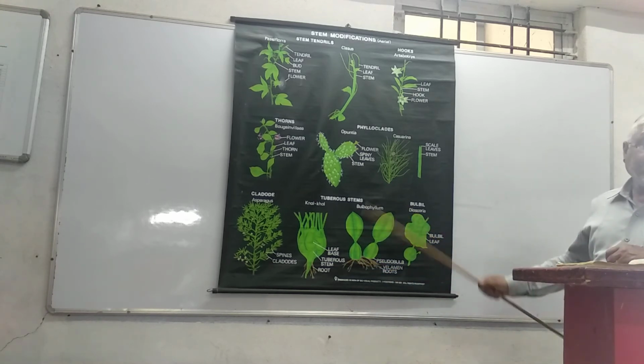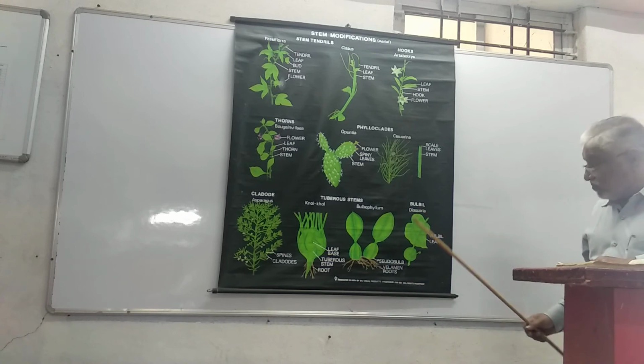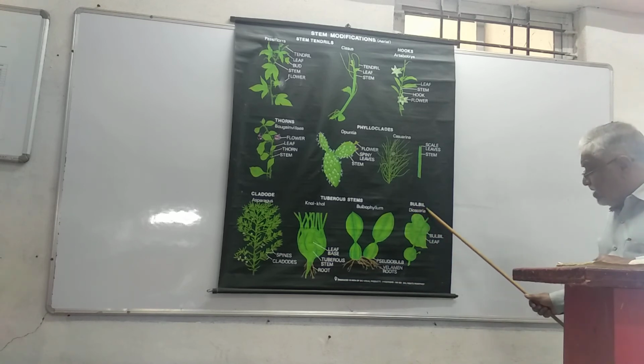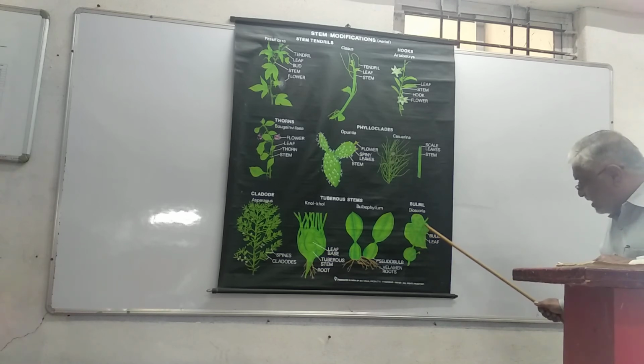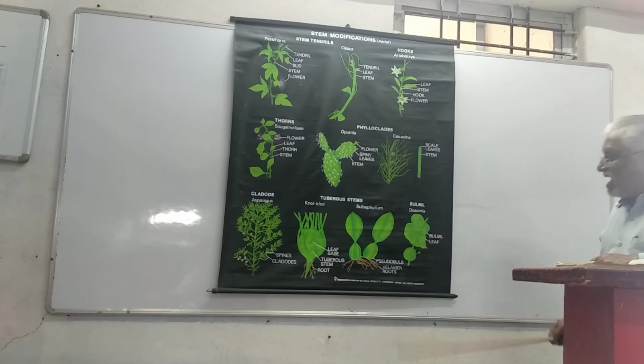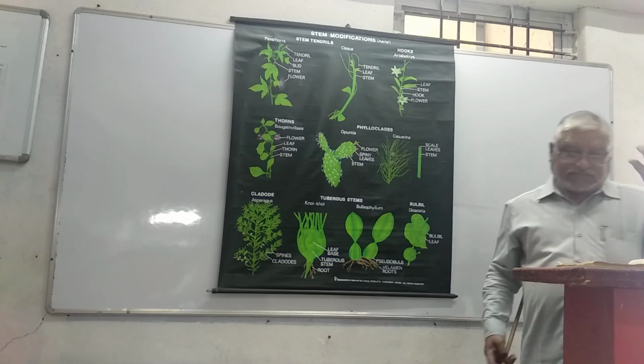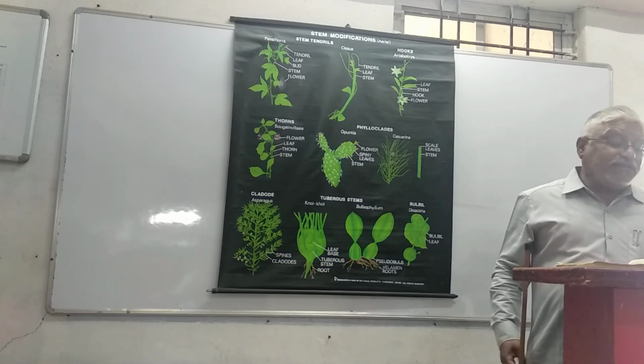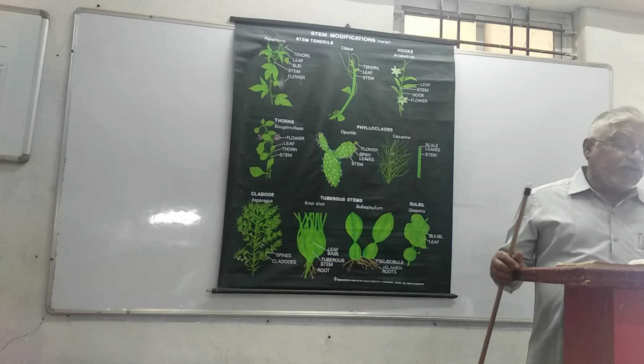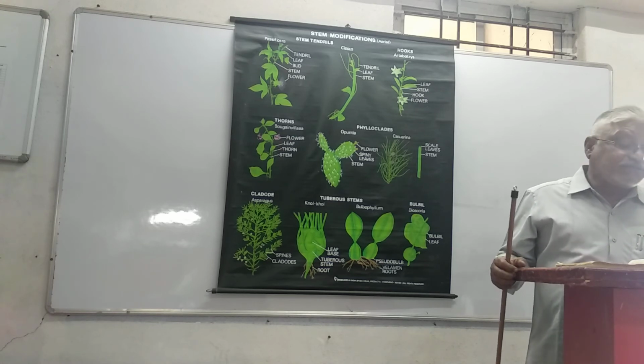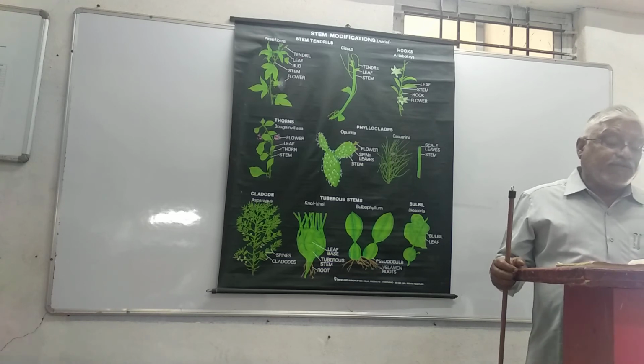So tuberous stem, or bulbil, this is Dioscorea bulbifera. Here, these are the bulbils. The bulbils are modified into a stem-like structure. A bulbil is a modified vegetative or floral bud that arises in the axil of scaly leaves or foliage leaves.